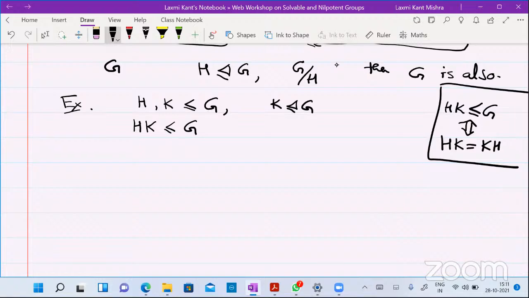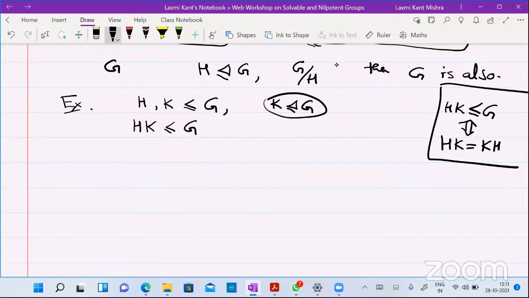In particular, if K is normal in G, then HK is the same as KH, so HK is a subgroup of G here.